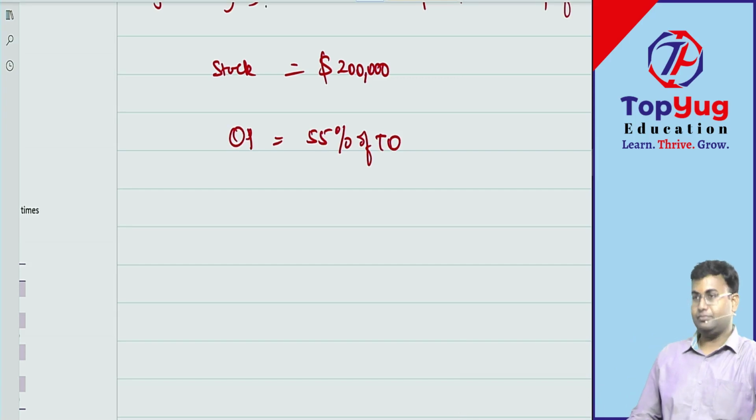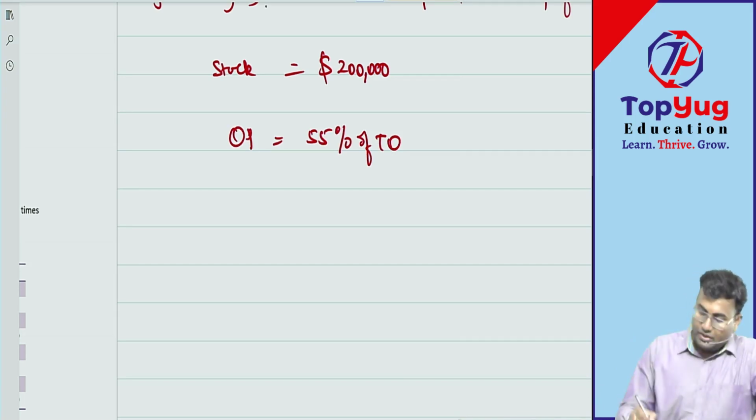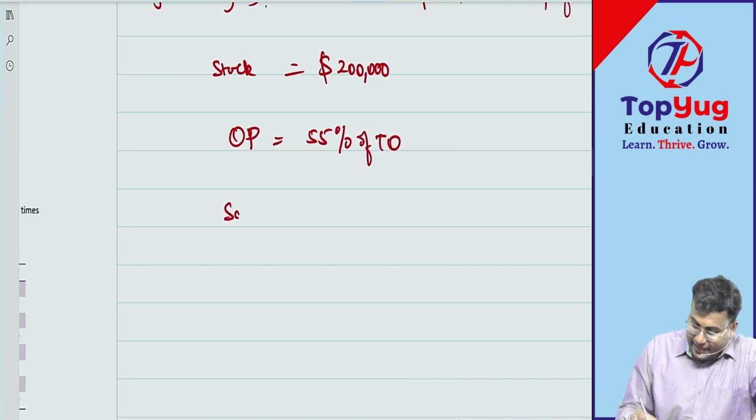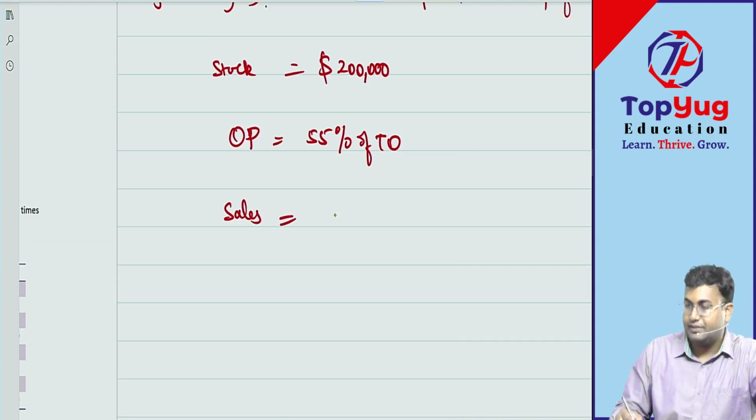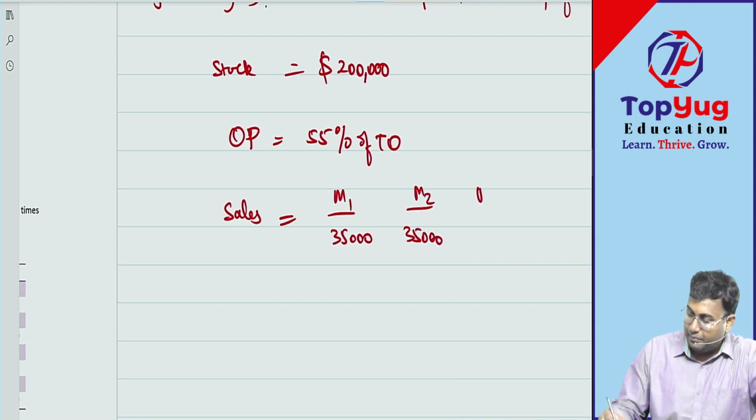That is revenue. Yes, they also said that their sales of the last 3 months, month 1, $35,000, month 2 $35,000, and month 3 $36,000.